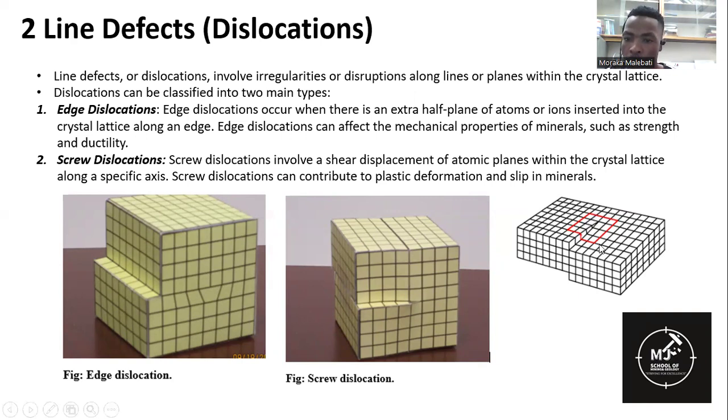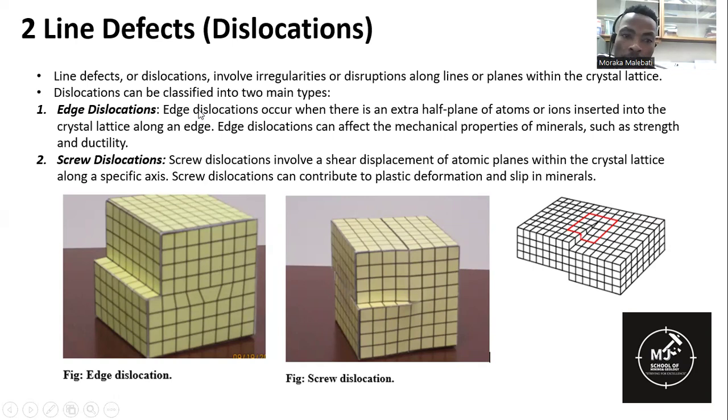Can you now see? So screw dislocation involves a shear displacement of atomic planes within the crystal lattice along the specific axis. Screw dislocations can contribute to plastic deformation and slip in minerals.